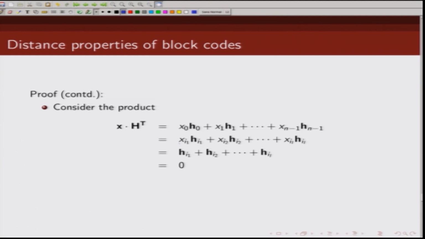Now, since xi1, xi2, xi3, xiL are all 1, we can write this as hi1 plus hi2 plus hi3 plus hiL. Now, what did we say about the vector sum of these L columns?